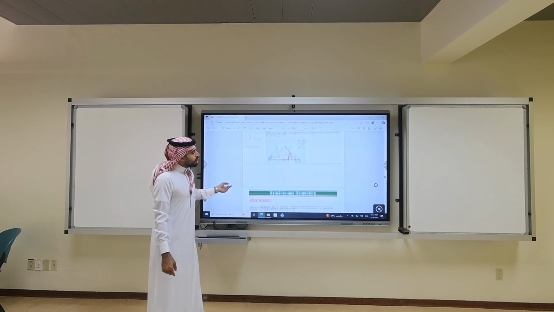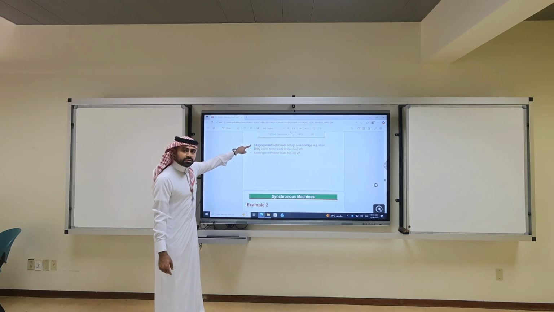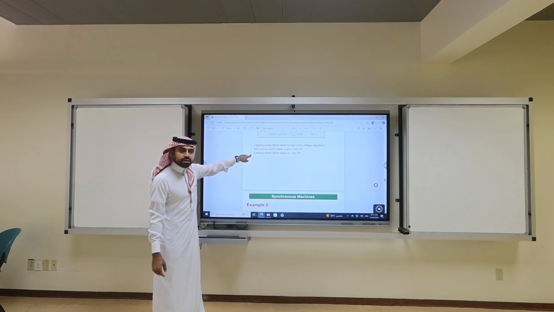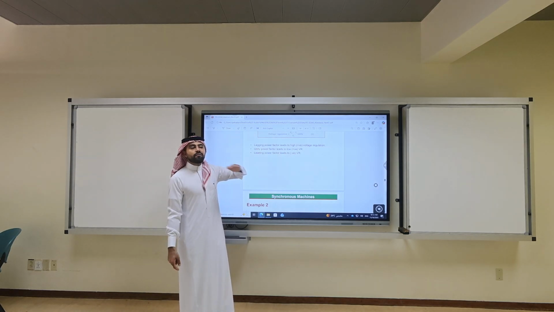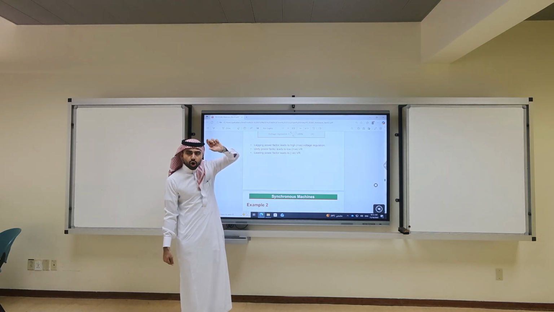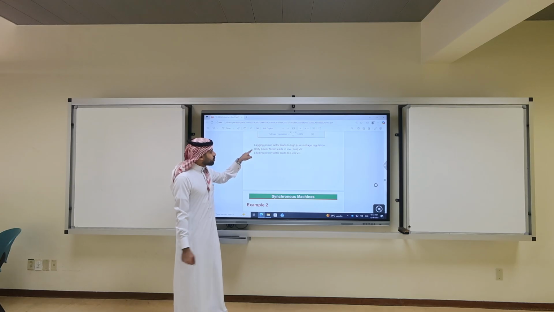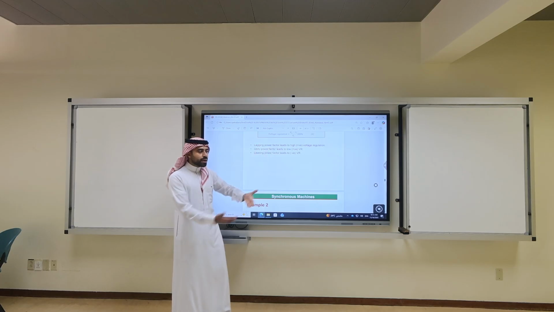So what does that mean? It means this case is overexcited. This case is normal excited. This case is underexcited. So if you get negative VR, underexcited. Very positive VR, overexcited. Small or low positive VR, normal excited. Which one do we love? We love unity power factor. Normal. We don't want to be overexcited.